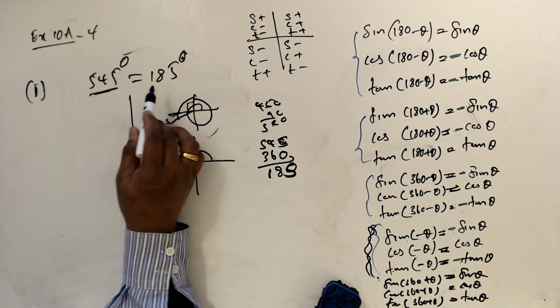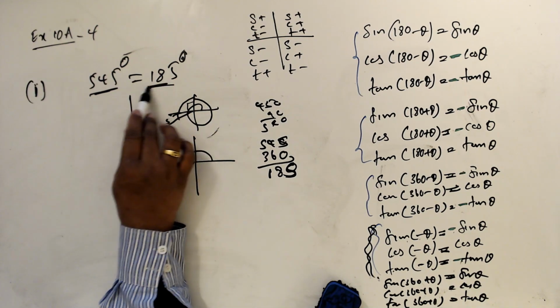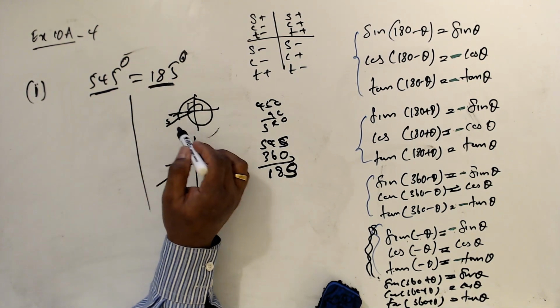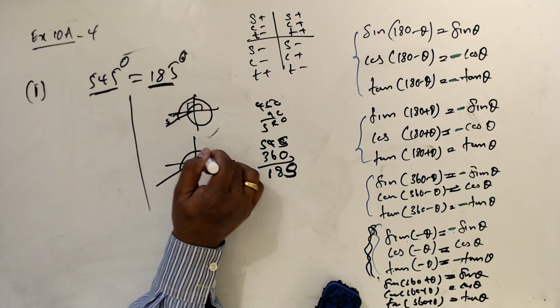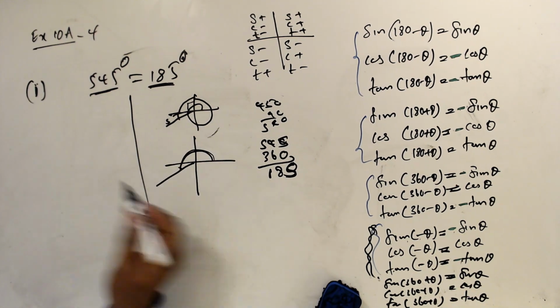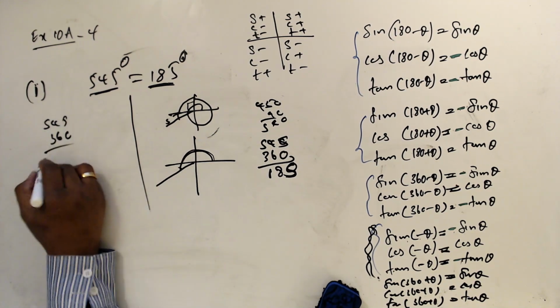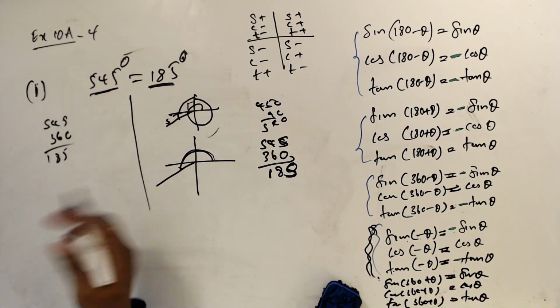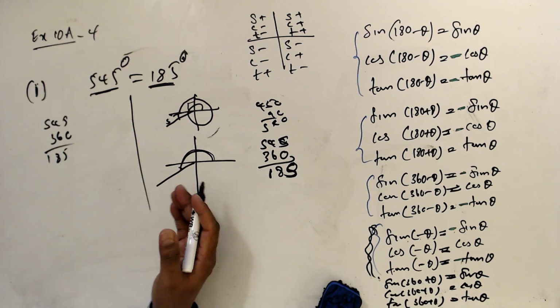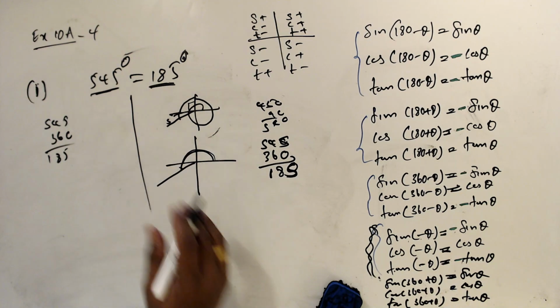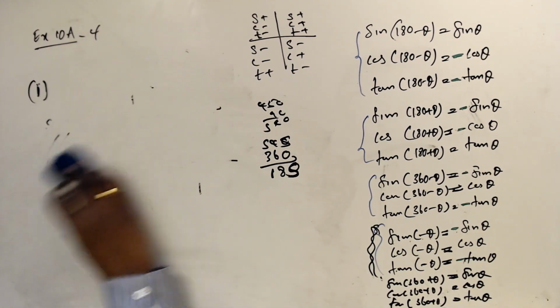Now you can bring 545 to 185 by drawing this picture, or simply write 545 minus 360, which is 185. When you are more competent, you can avoid the drawing part.